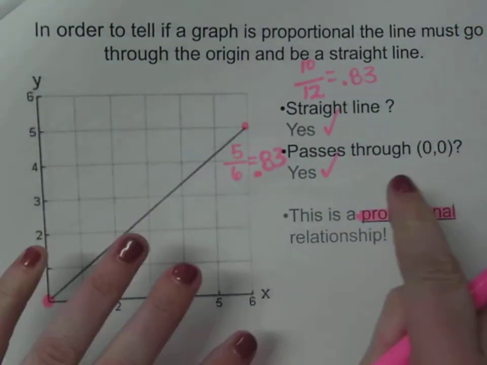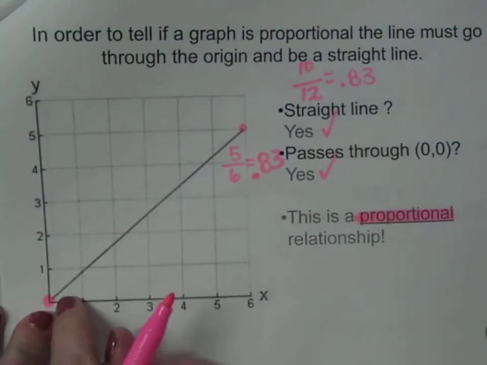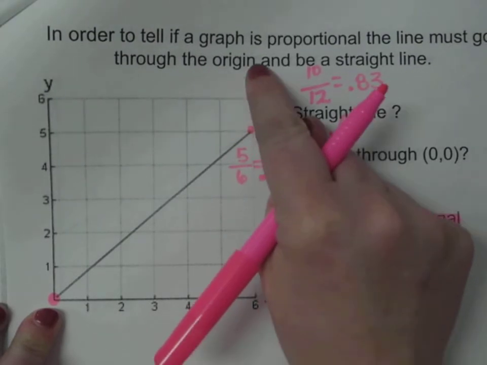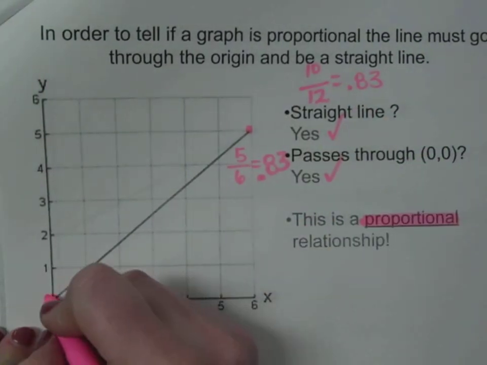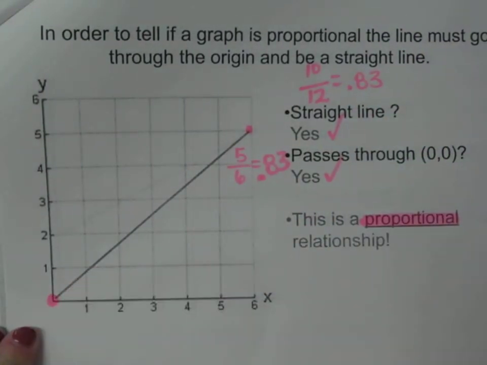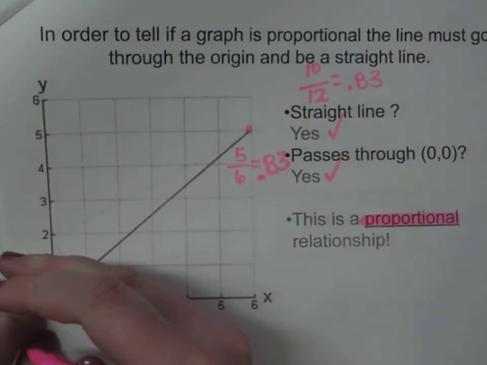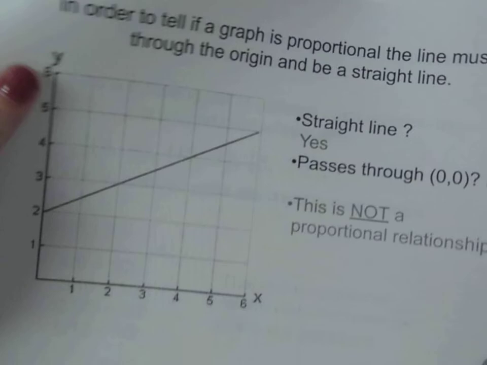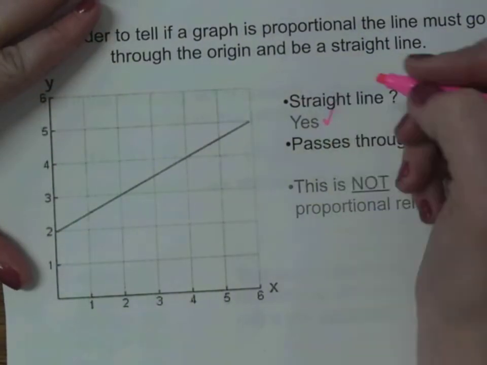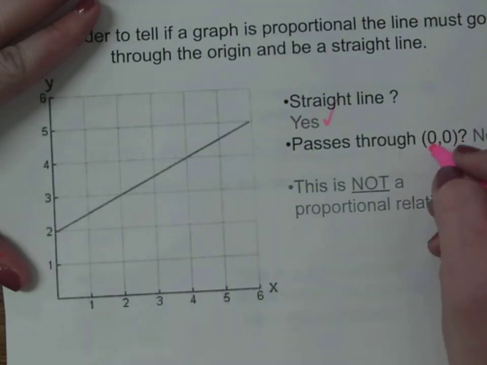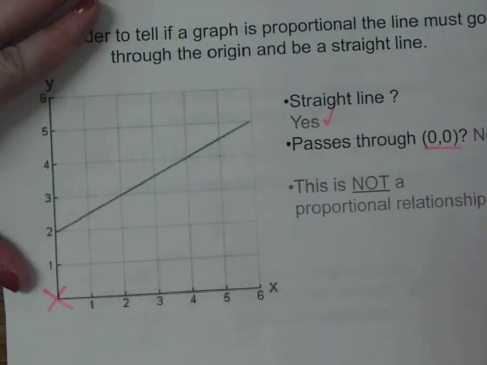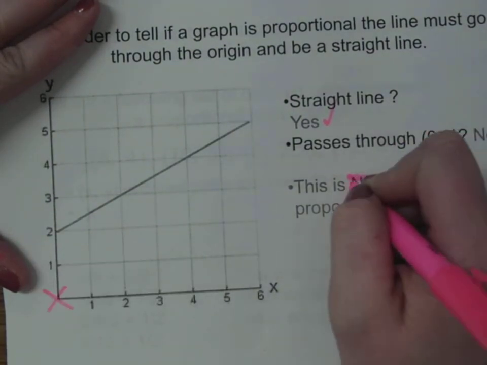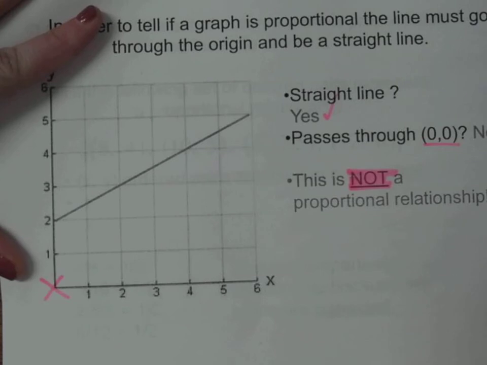So again, it has to be a straight line because it has to keep going up and over the same amount. And then it has to go through the origin. If it was slightly up, then this number would not be the same ratio. Okay, so yes, it's a straight line, so that works. It does not pass through 0, 0, so it is not proportional.